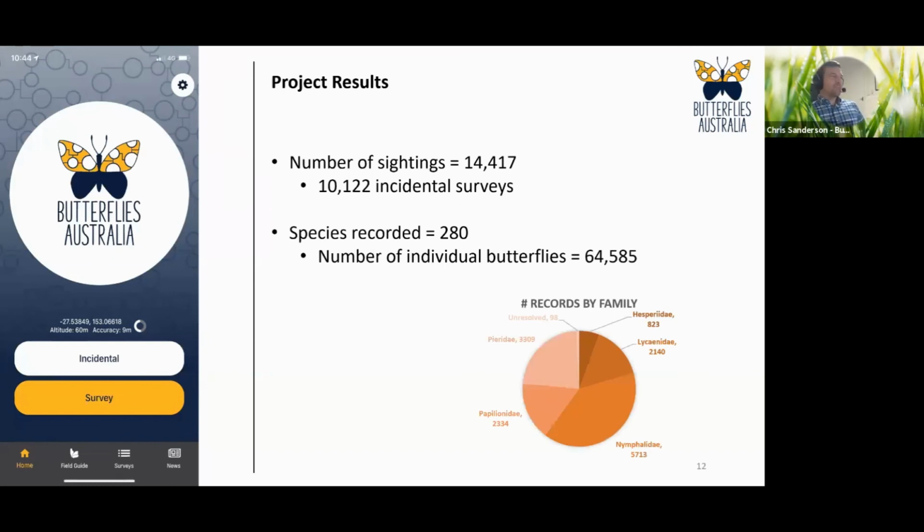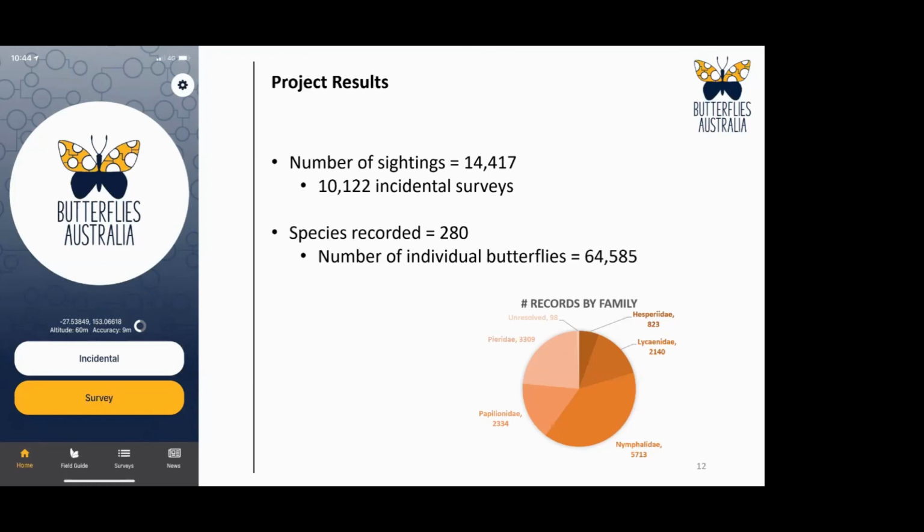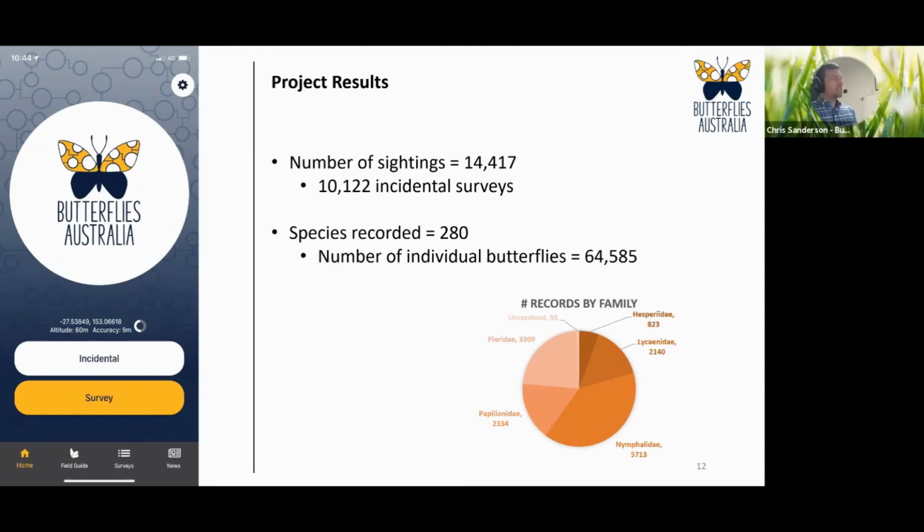I assume that some of that data is not collected currently, but is historic data that they've chosen to add manually, but it's still really exciting. The number of sightings we've had recorded is over 14,000. So there's a number of verified sightings, the ones that our filters and our moderators have confirmed are correct. And the number of incidental surveys in that 14,000 is 10,000.